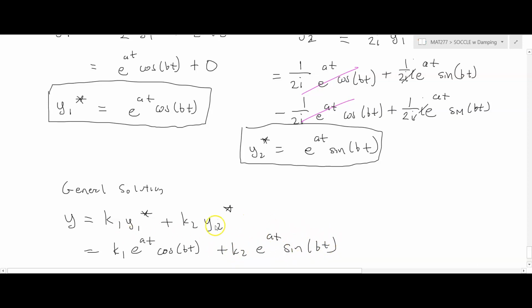And we just have them mixed up with the k1s and k2s, but you notice this is exactly the same solution that we claimed was the solution to a system with complex numbers.